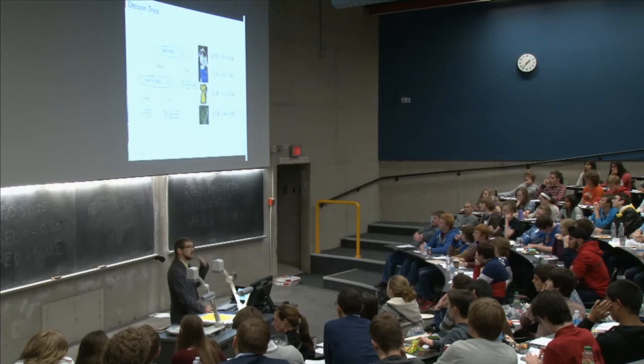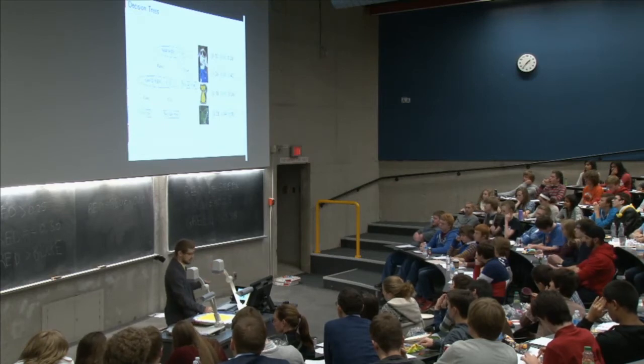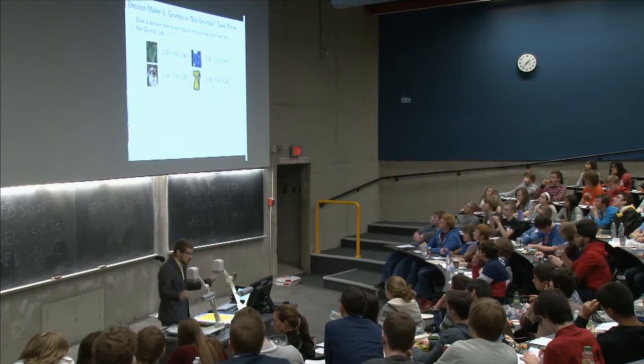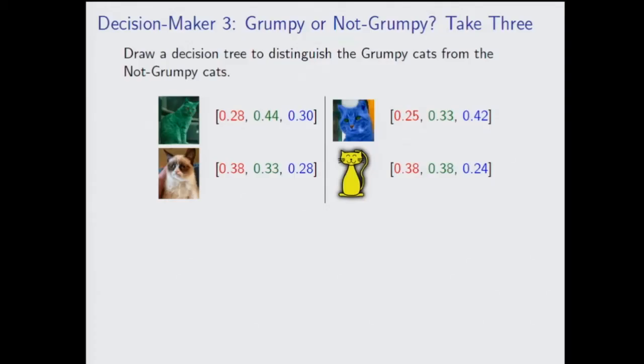And if that's the case, then we're going to need to revamp our decision tree to fix it. So now I'm going to say, oh, no, that was wrong. Let's build a different decision tree. And I'm telling you that these cats are grumpy, these cats are not grumpy, and I want to be able to distinguish between them. So I'm going to give you 3 minutes. Think about this, draw a decision tree, and then I'm going to ask for a brave volunteer to come up and show it to me.